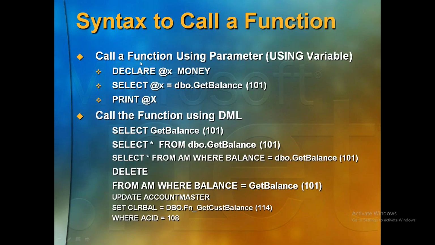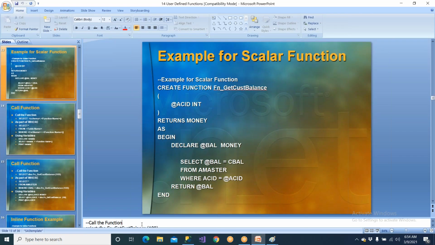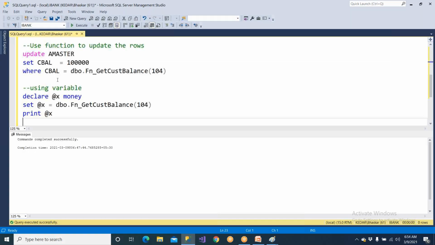So how can we call a function? The syntax to call a function has different variations. With the help of this, we can call the function. Let me create a single function called a scalar function. Let me take this code and tell you how to create a function.